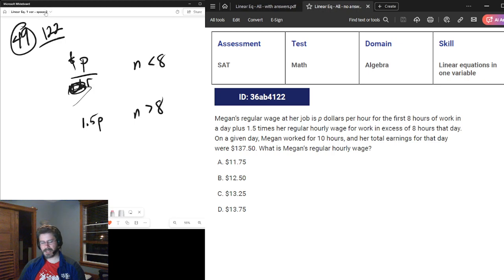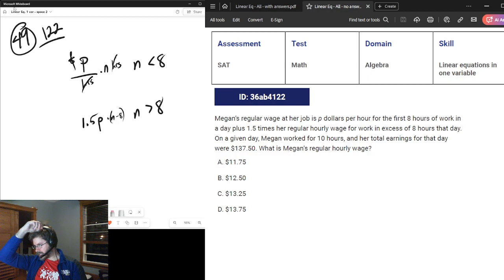Not per n hours, but per each hour, so that should not be n in the bottom of there. It should just be hours times n hours. And the hours cancel out, and this would be times n as well, but it's when n is greater than 8, so that'll be n minus 8.